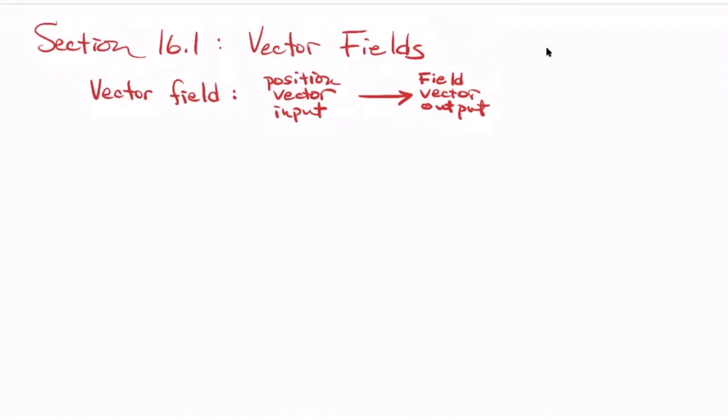But if you're 1,000 miles out in space, the gravity still points to the center of the Earth, but it's a lot weaker. And depending on your position, the direction to the center of the Earth is probably a different direction from what it is for you right now. So this is a varying field that depends on your position.